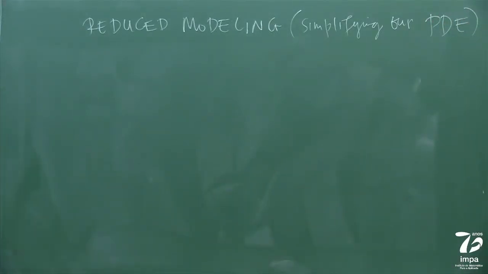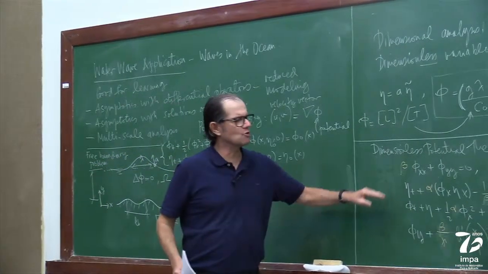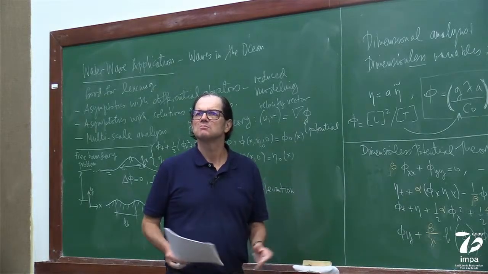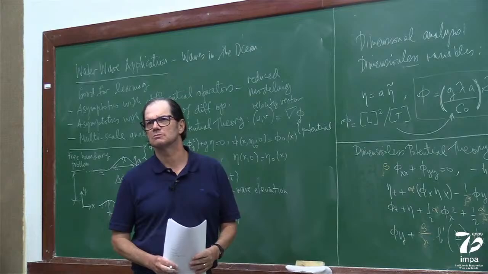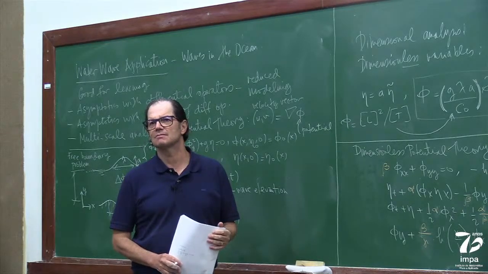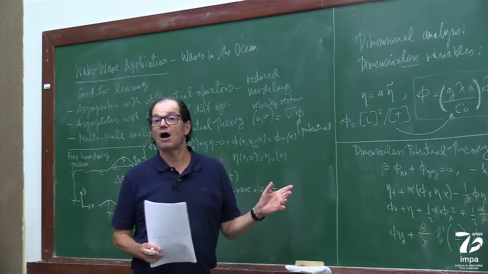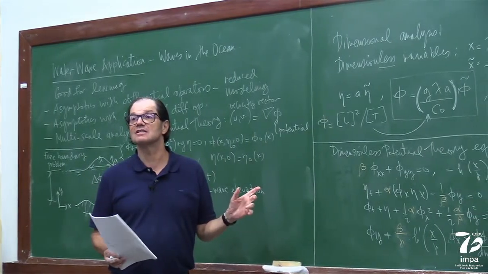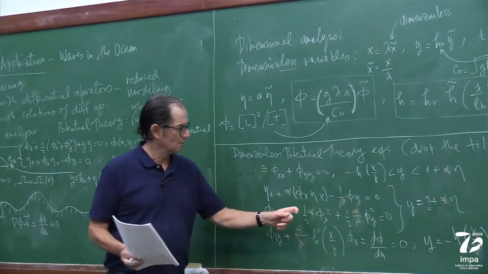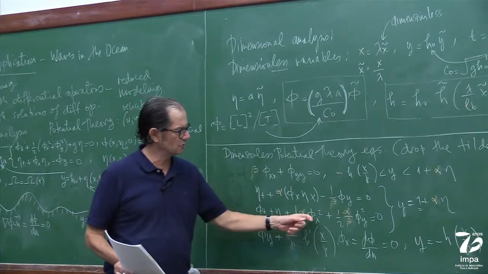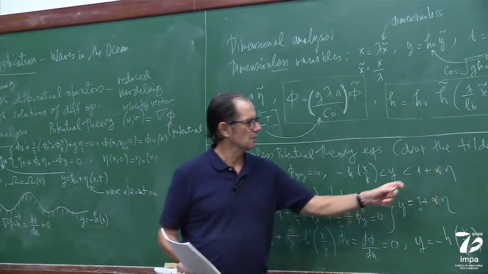Okay, so if I ask you, say, okay, tell me, how does this equation here look like, for example, in the limit as beta goes to 0? Is it easy? Alpha equal to 0 is easier. Alpha equal to 0 is just plug alpha equal to 0 here, here, here and here.